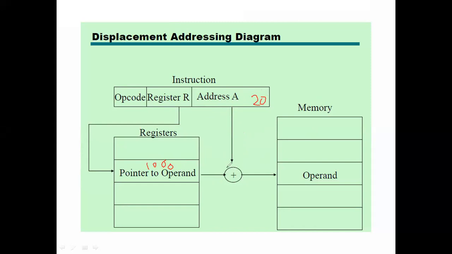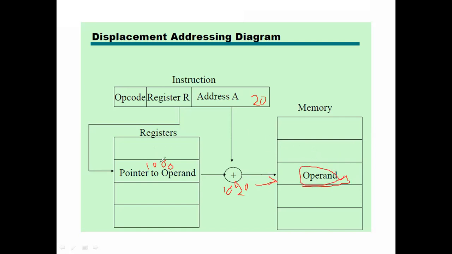Here addition operation is there. So what is the resultant location? The resultant location is 1020. 1000 plus 20, 1020. In that 1020, the operand will be present. Okay, this is the operand here.